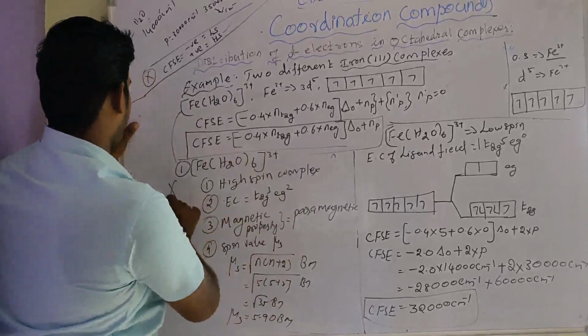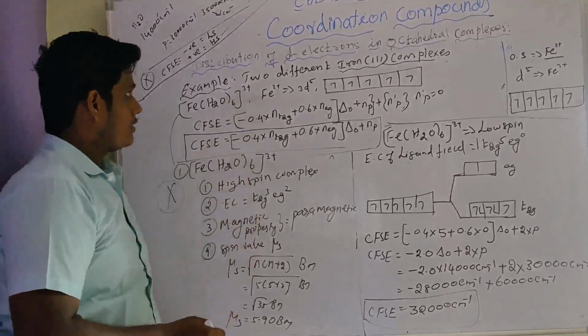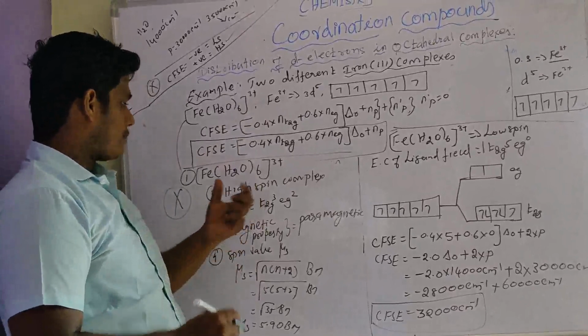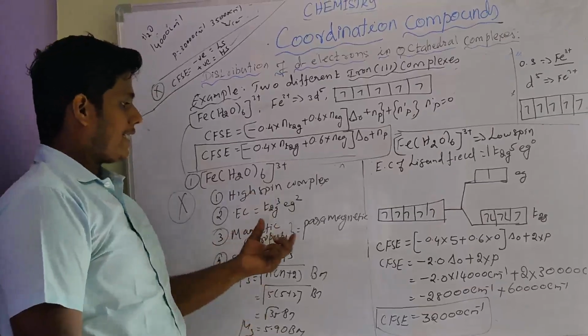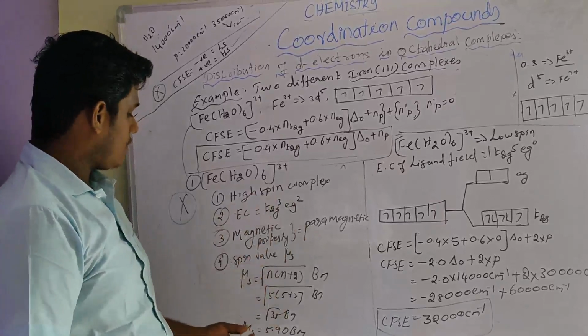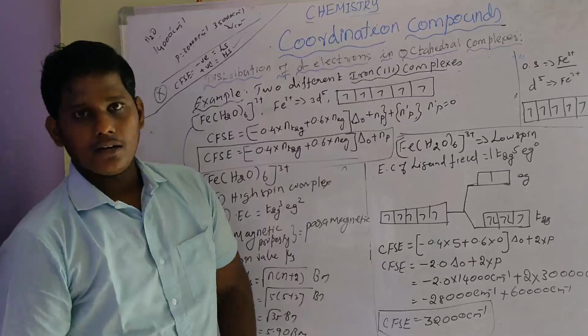So this is the final result for the Fe(H2O)6 3+ complex: it is a high spin complex, electronic configuration t2g3 eg2, magnetic property paramagnetic, and spin value 5.90. Okay, so next example we will discuss.